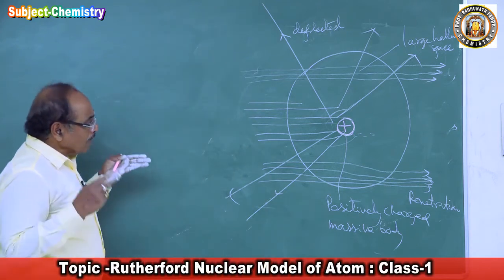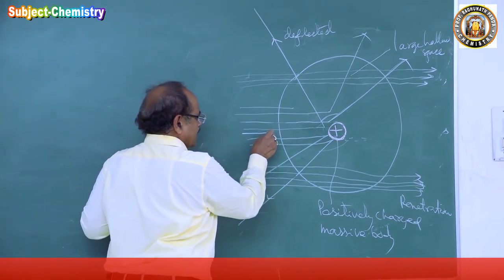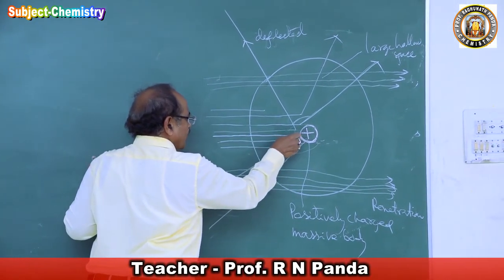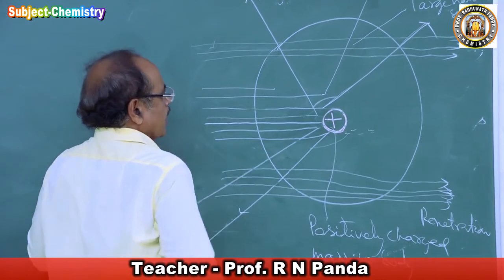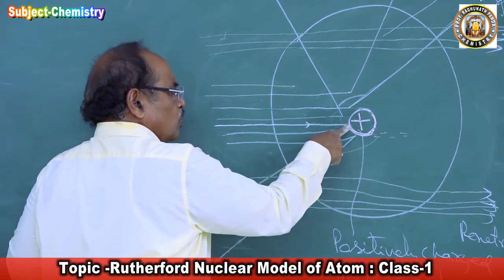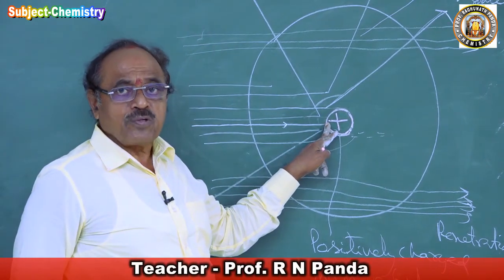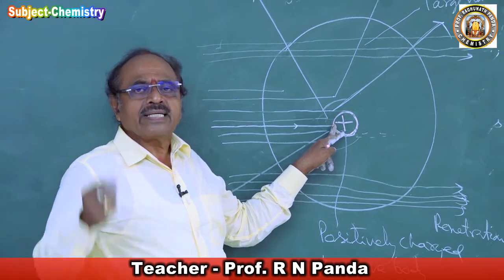Now to conclude the third observation, those alpha particles go very close to the positively charged massive body. They approach the close proximity of the positively charged massive body. Those are very few of the alpha particles he found, 1 in 10,000.